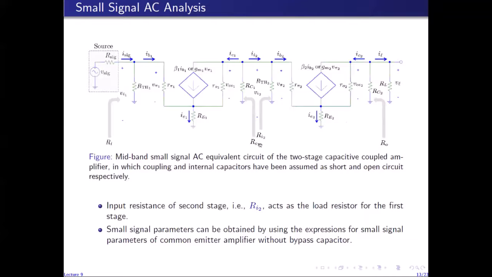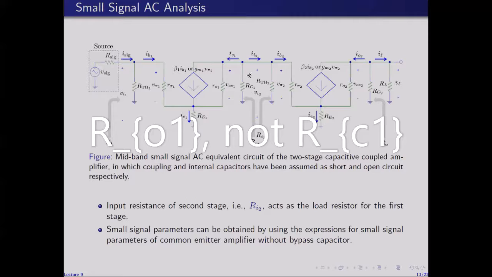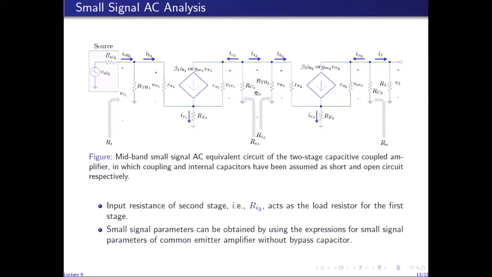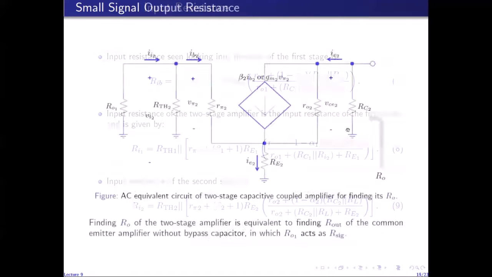So as I did for the input resistance of the amplifier, where the second stage acts as the load resistance to the first stage, by short circuiting Vi, whatever is left of this circuit can be replaced with Ro1. Because when I want to find the resistance seen looking into this side, which is the output resistance, it is the resistance seen looking into the output of the first amplifier, which is RC1 connected between this node and ground, and then solving this circuit to find Ro.